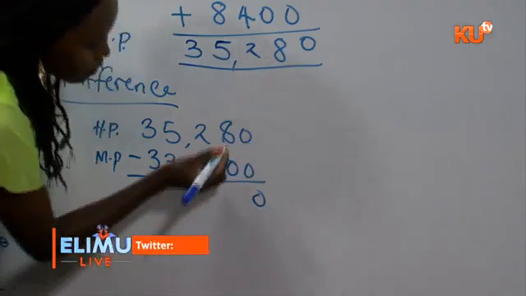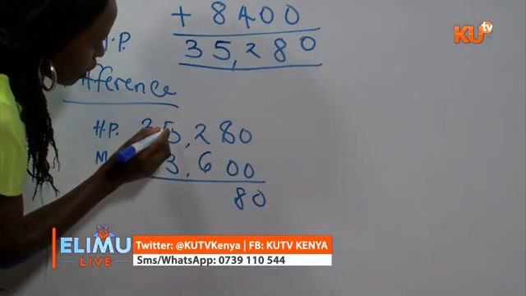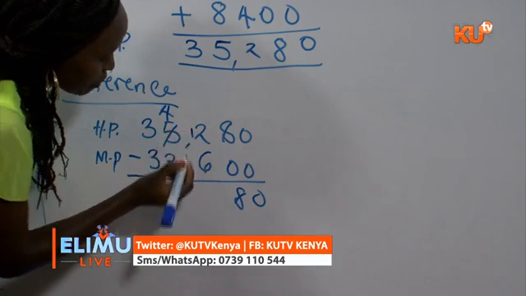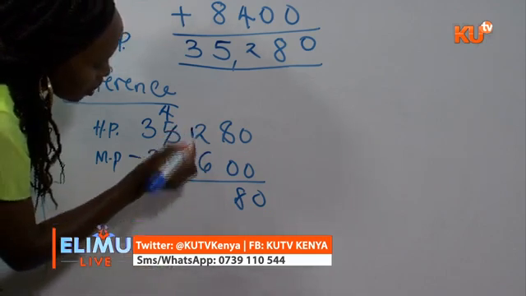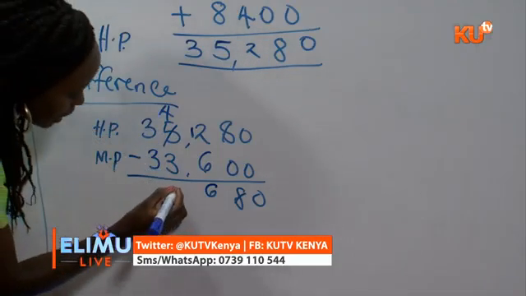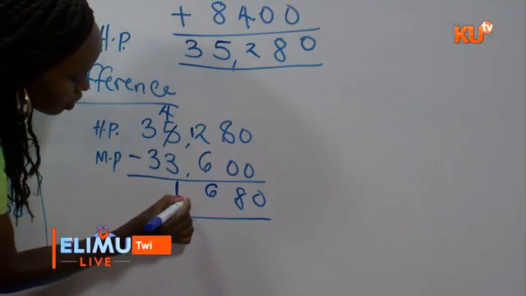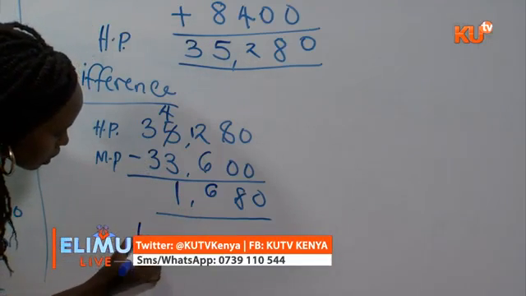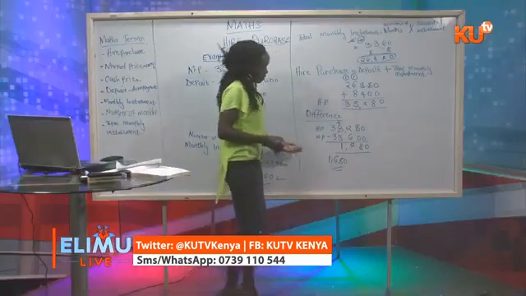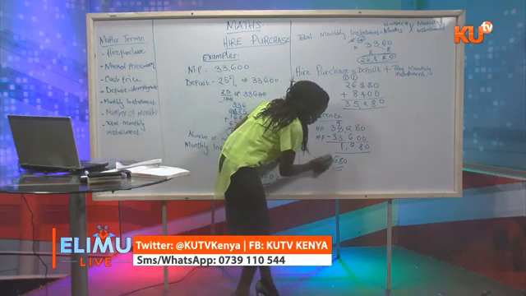We get a 0. 8 minus 0 is 8. 2 minus 6, we borrow 1 from 5. We remain with 4. We bring the 1 here, we have 12 now. 12 minus 6, we get 6. 4 minus 3, 1. And then 3 minus 3 is a 0. So we have 1,680.